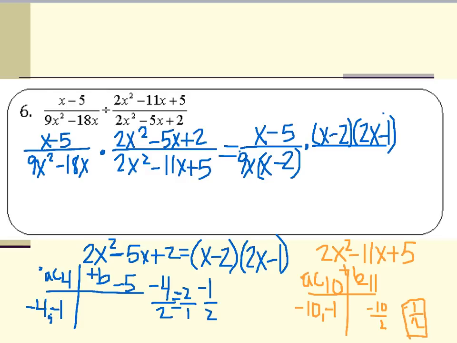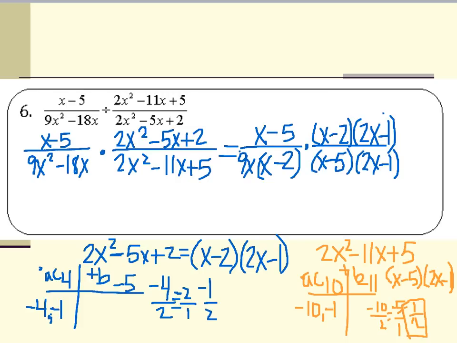This one, I can divide them both by 2, and I get a negative 5 over 1. So my two factors using the slide and divide method are 1 and minus 5, so it's going to be x minus 5, and my other factor is going to be 2x minus 1. So I've got x minus 5 times 2x minus 1, and let's put that up here. So x minus 5 times 2x minus 1.